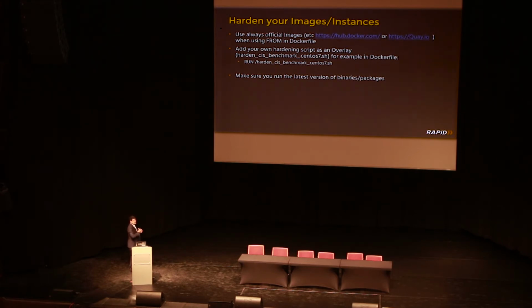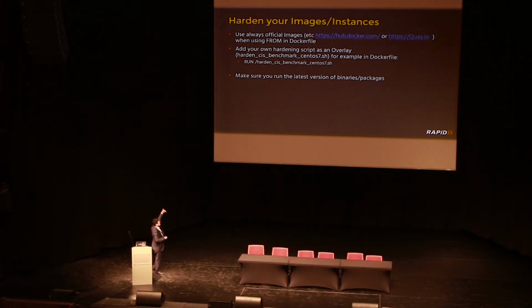And you can add your script, the hardening script that is provided in the CIS security guidelines. You can copy some commands and put them in your own script. And as a last step, in the Dockerfile, again, the Dockerfile is a file that creates Docker images, it's like the source code of how you create Docker images and the instances after that.